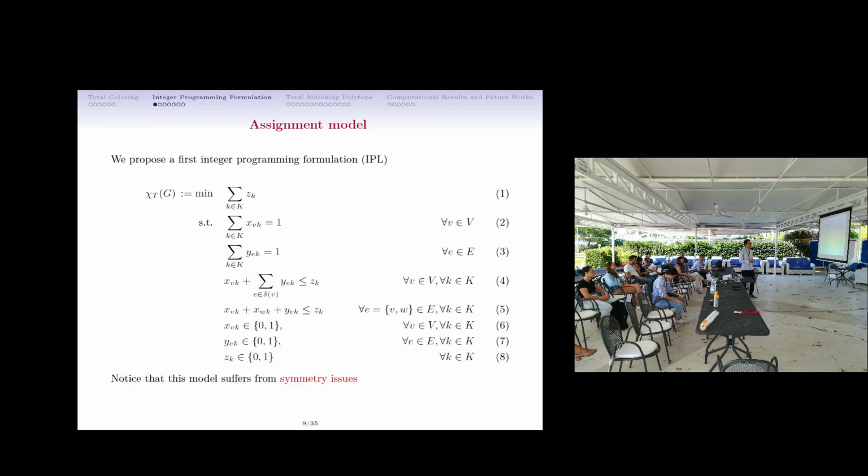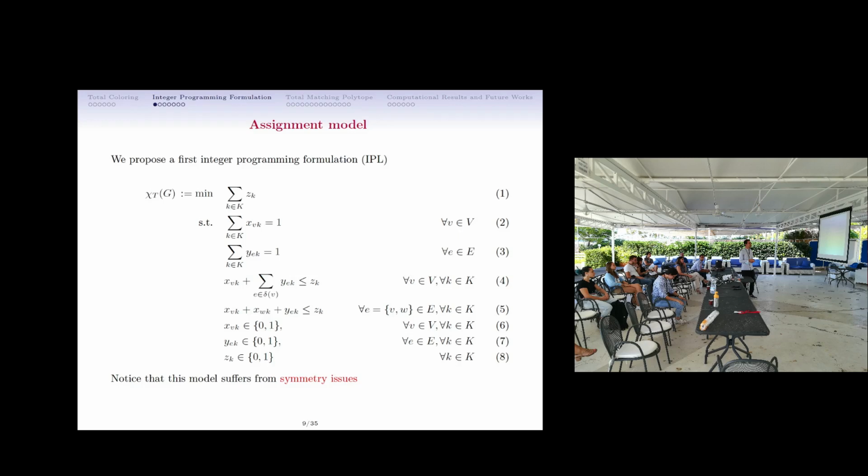The constraints 2 and 3 ensure that every vertex v and every edge e gets assigned exactly one color. So the sum over each color for each vertex v is 1, and the same for each edge, the sum is 1. For all the edges incident to the vertex v, and the vertex v itself, they must take different colors, and the corresponding variable z_k is set to 1 if the color k is used by the vertex v or the edge.